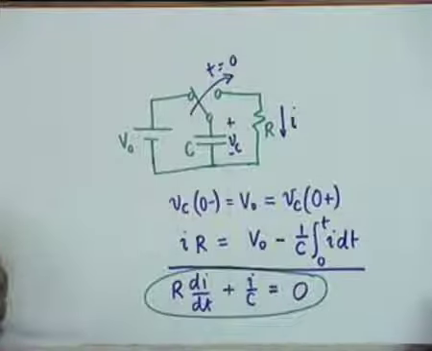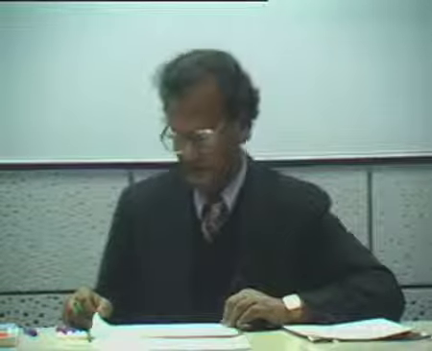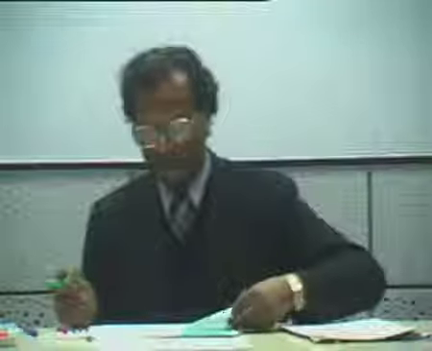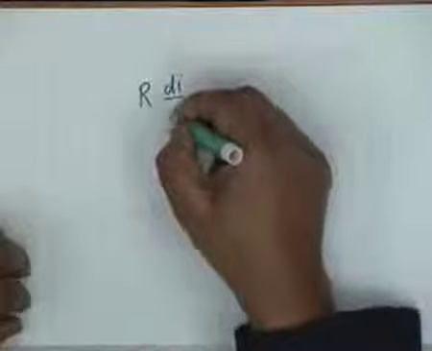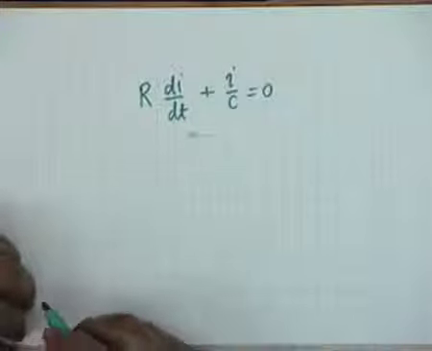Let's see what kind of solution you get. You are acquainted with the solution to such differential equations, but in the context of electrical circuits we wish to bring in some more physical concepts, and I want you to pay attention to this. Let's take the second circuit first, where our differential equation was R di/dt plus I by C equal to 0.